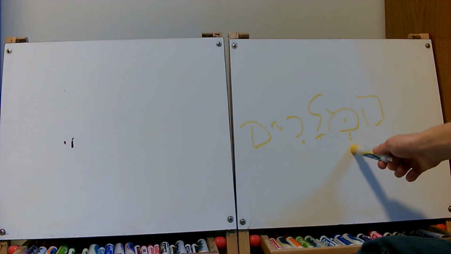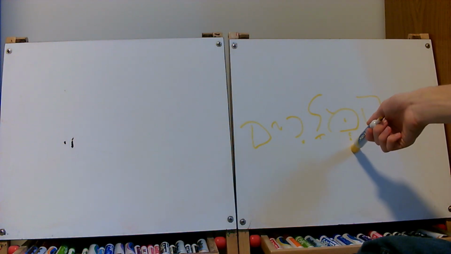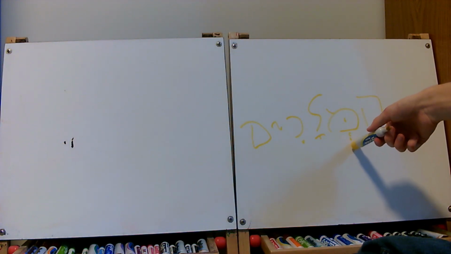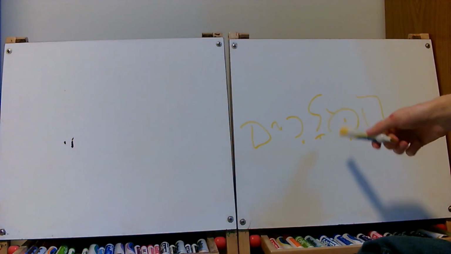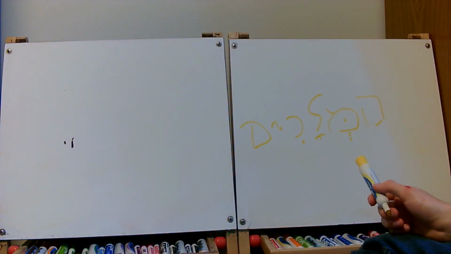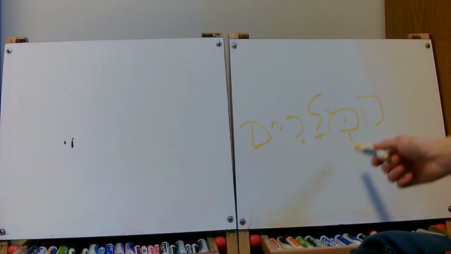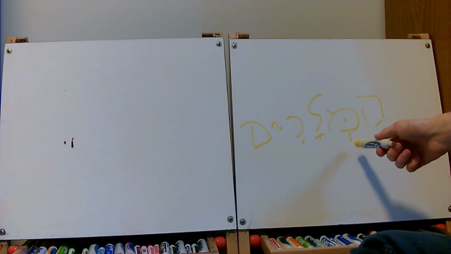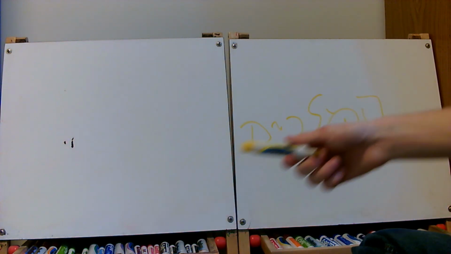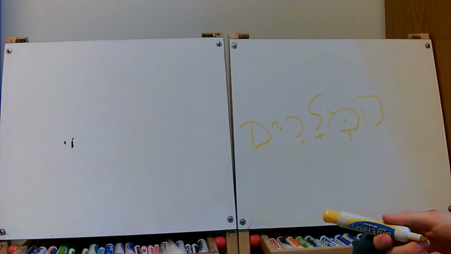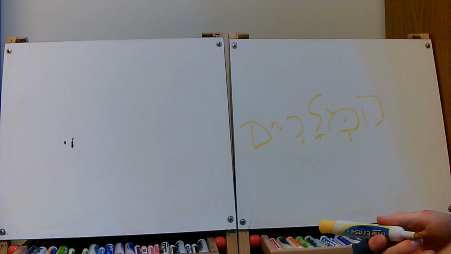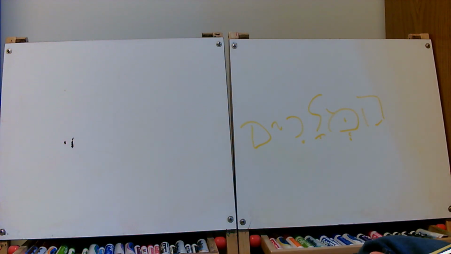And this counts actually as two schwas in a row. After we pronounce the mem in its second syllable, we pronounce the schwa. So this is hamm'lachim. Hamm'lachim. So, yeah.